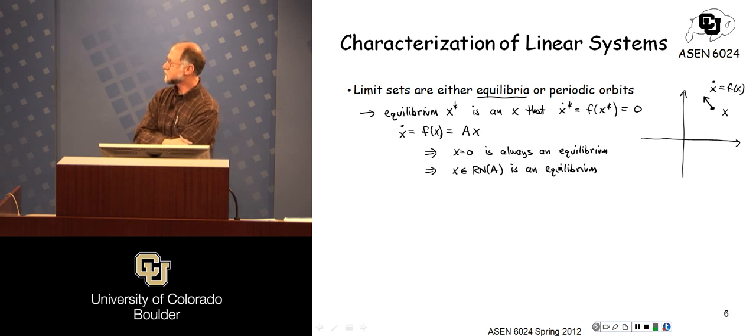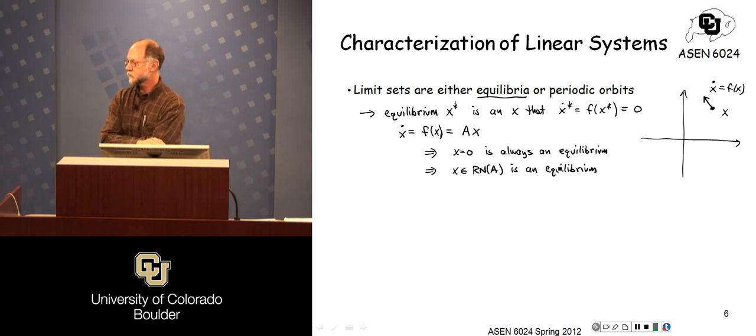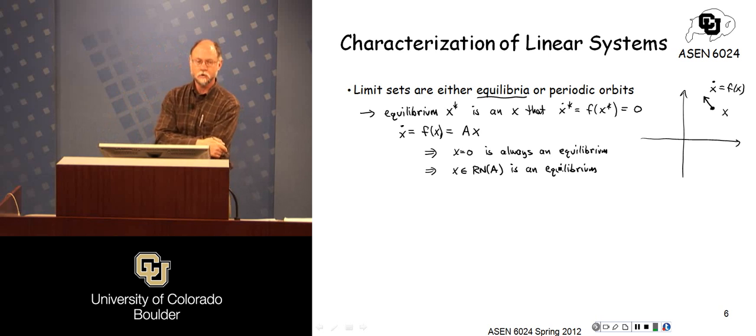Does such a thing exist? Isn't that the definition of the right null space? It violates the definition of the right null space. So there are no other solutions. There are no other equilibria. Everything in the right null space is an equilibrium, and only things in the right null space are equilibria.